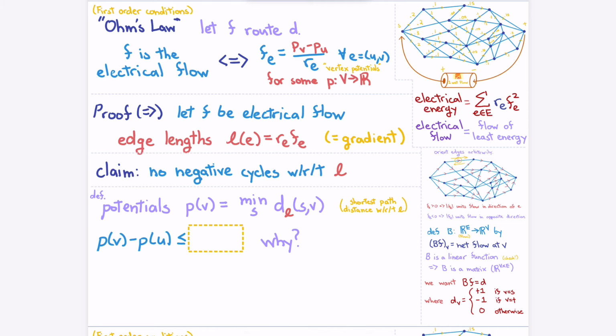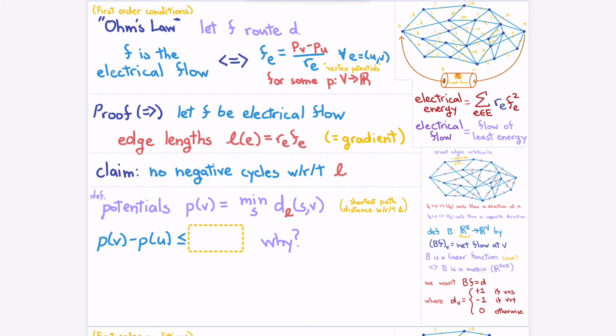All right. What can I say about PV minus PU? PV is the shortest distance to V. PU is the shortest distance to U. Oh, maybe for an edge UV.